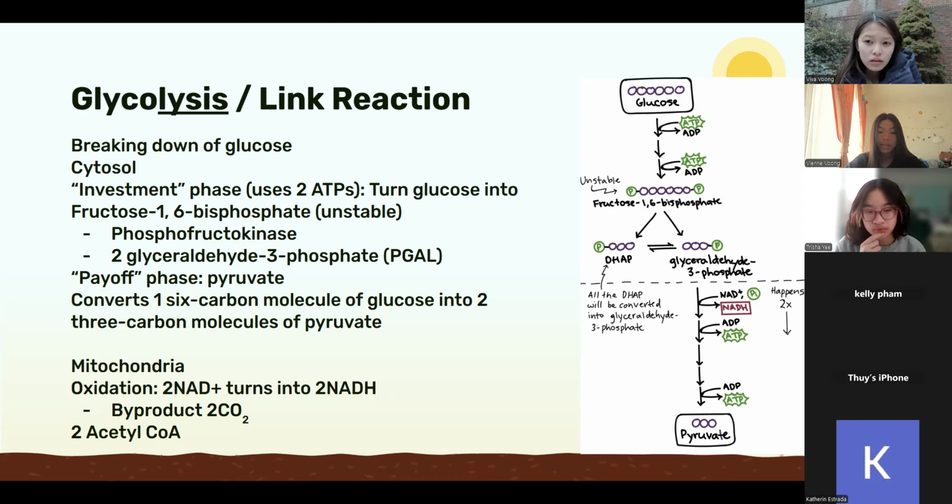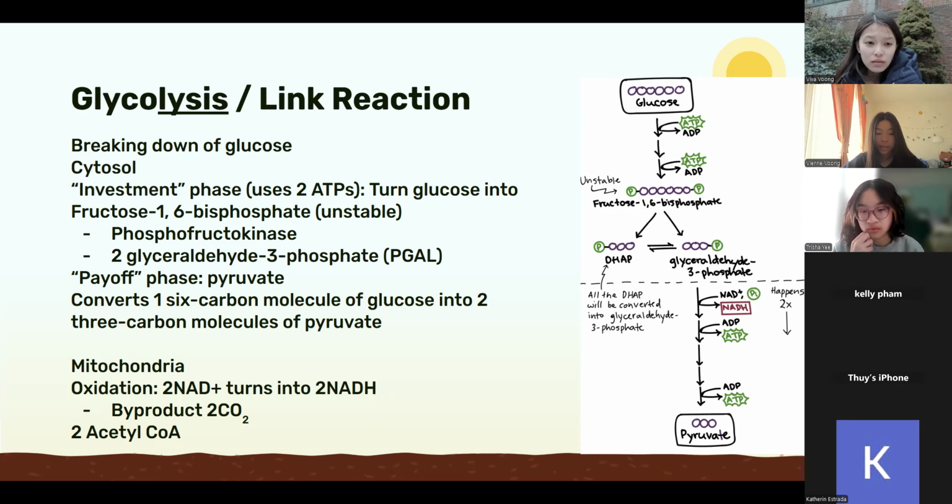So glycolysis takes place in the cytosol, which is the liquid part of the cell, or the majority of the cell. And the first step within glycolysis is the investment phase, or the ATP-requiring phase, in which two ATPs are used. So cellular respiration is kind of like an investment.